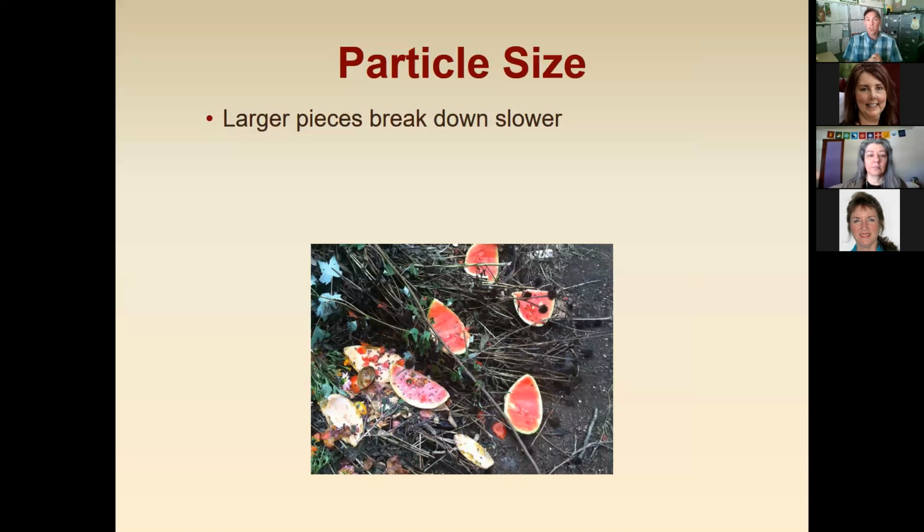But it's not going to break down nearly as quickly. Now, if you don't care too much about how fast your pile breaks down, if you have a year, great. You can have the bigger pieces in there, and the chunks of watermelon or whatever you have in there are going to get moldy, and that's going to be more food for something else. So it's not necessarily a bad thing to have the larger stuff, but if you do want to make compost quicker, I highly recommend you break up some of those pieces.